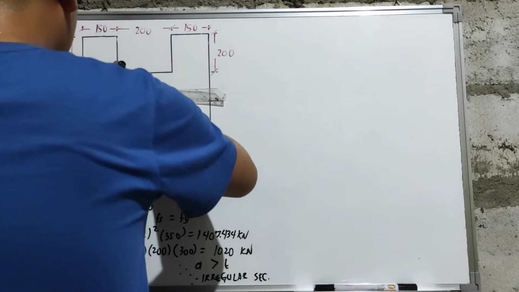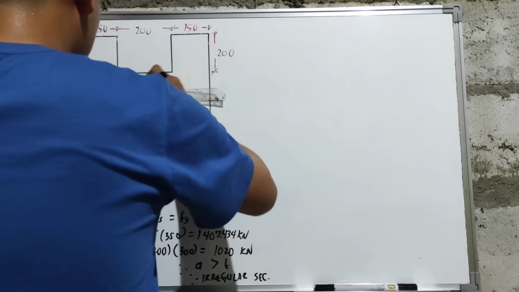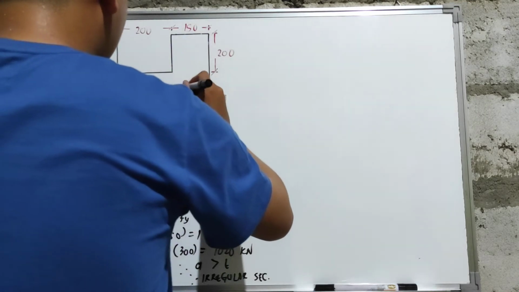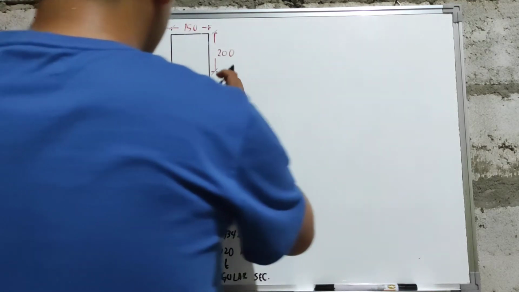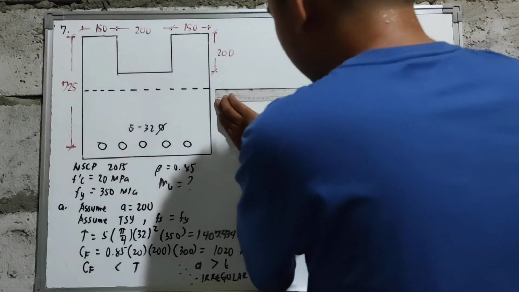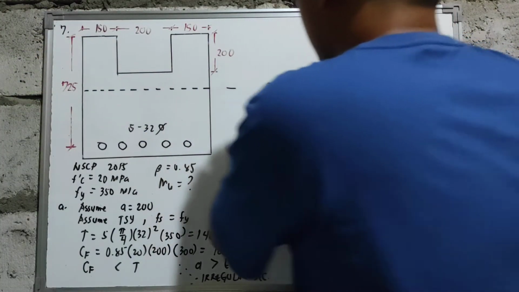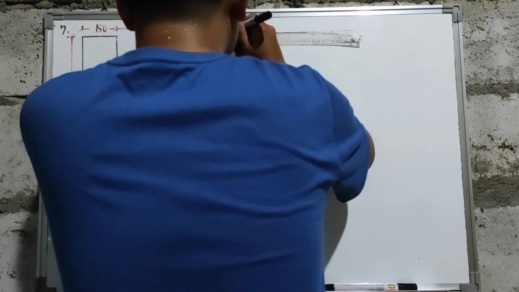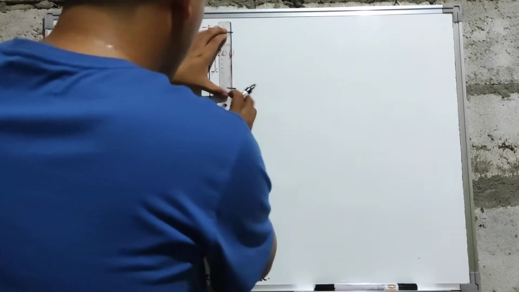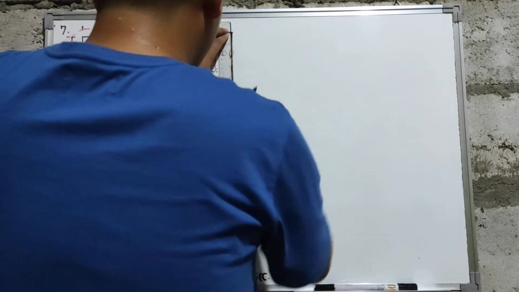So, let's say na eto na ngayon, yung magiging location ng a natin. So, since nalaman na natin na magiging irregular yung section natin, alam na natin na hanggang dito lang yung value ng a natin.